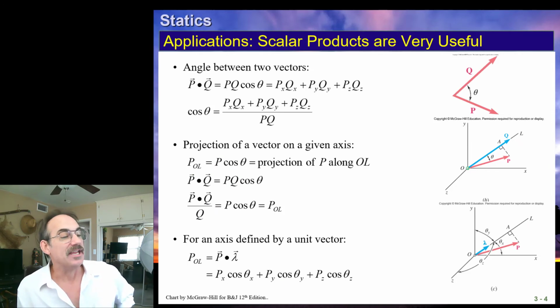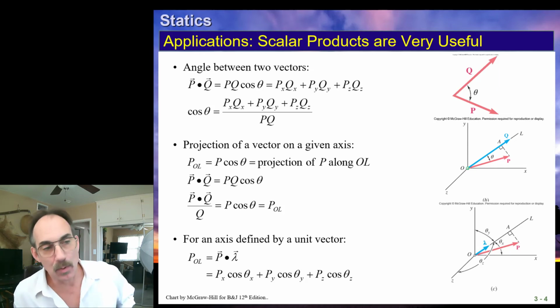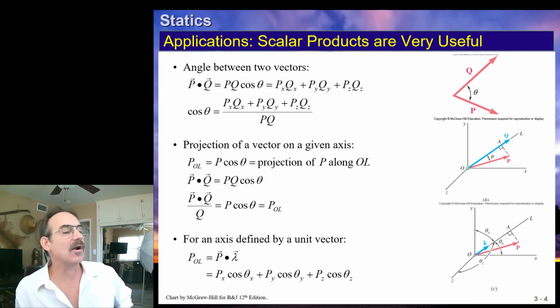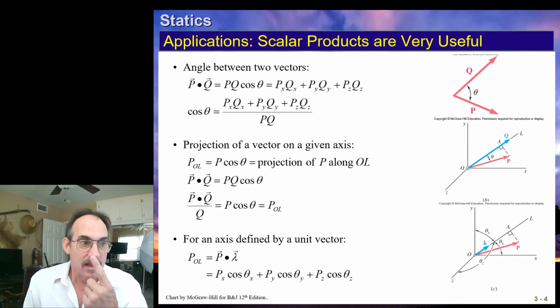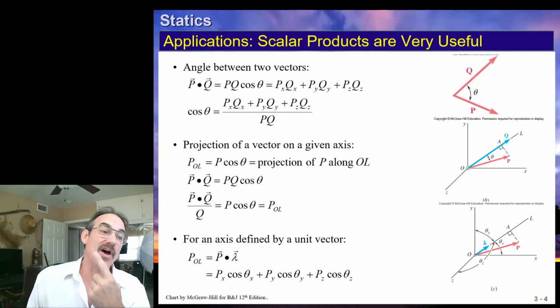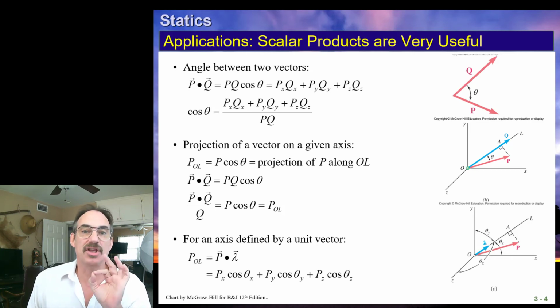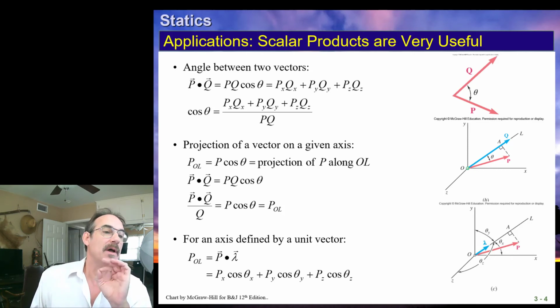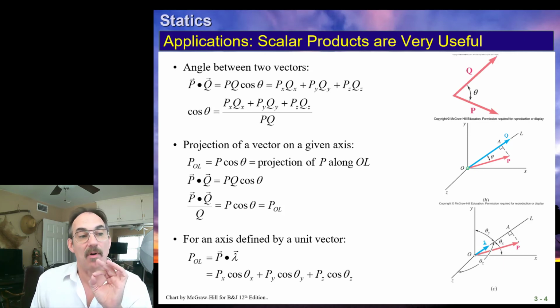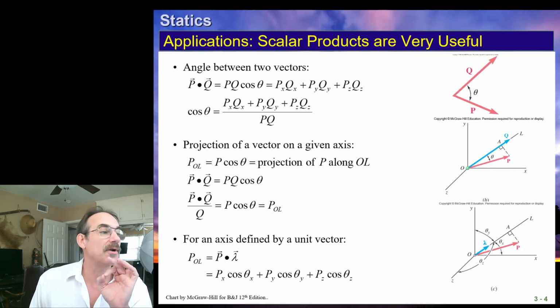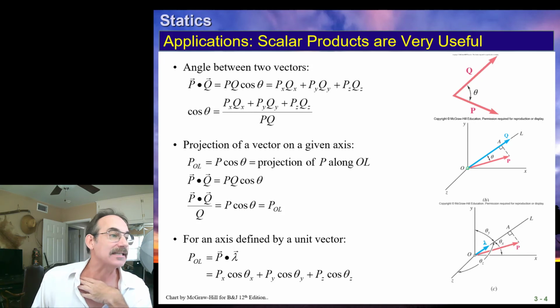If we have just a unit vector, we can actually find the component along that vector. Now back here, if we have a unit vector along the line of action OL, which is just Q over its magnitude, then when we take the dot product of P with that unit vector, we're just going to get that projection onto that axis as well.